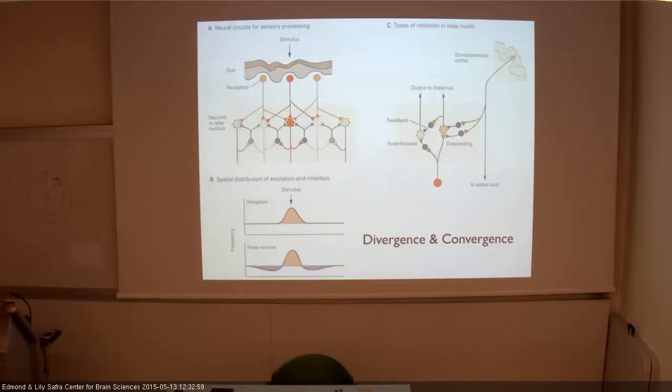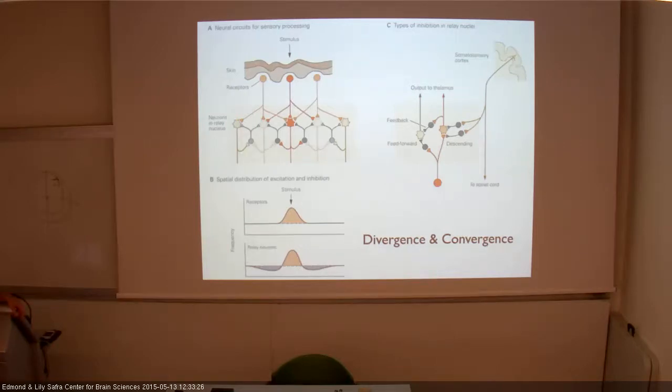But these things are extremely rare, especially in mammals, where you have one synapse going to one neuron. Usually the axon splits and makes many synapses. What does it mean? It means that this neuron is not getting information only from one location on the skin. It integrates information from many locations.